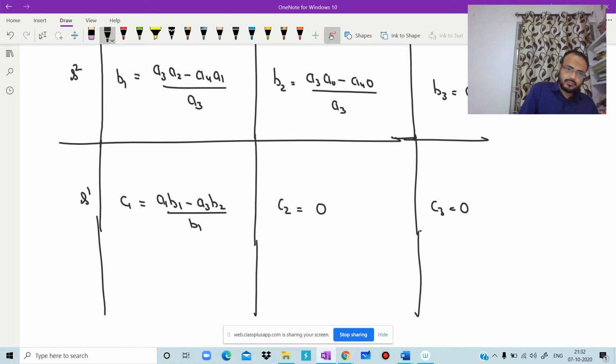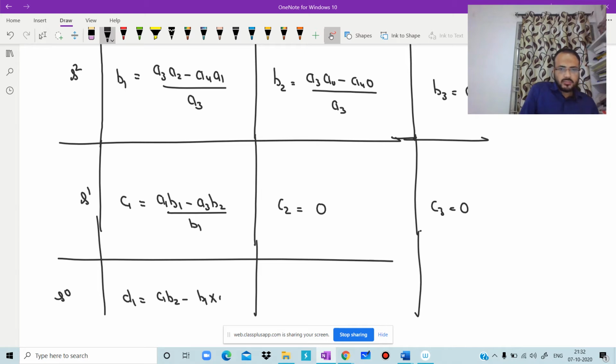Last one, in S to the power 0. Assume D1 is equal to C1 B2 minus B1 into 0 divided by C1. D2 is equal to 0 and D3 is equal to 0.